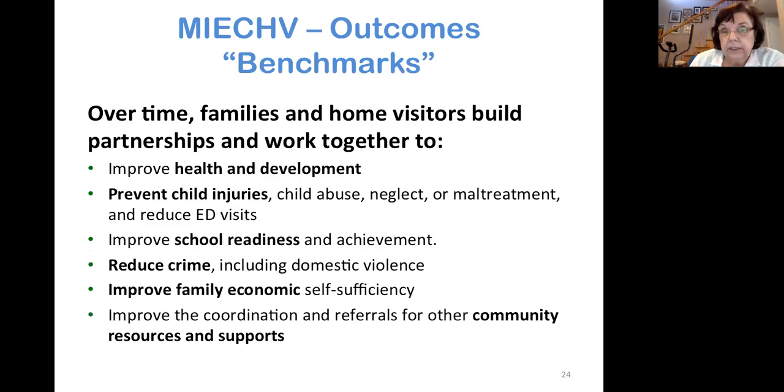So some of their outcomes or benchmarks that were included in the original studies that were the basis for the first rounds of funding: over time, families and health visitors build a partnership, work together to improve health and development, prevent childhood injuries, abuse, neglect, etc., reduce emergency department visits, improve school readiness and achievement, reduce crime, including domestic violence, improve family economic self-sufficiency, and improve the coordination of referrals for community resources and support.